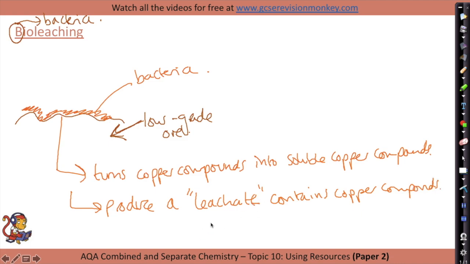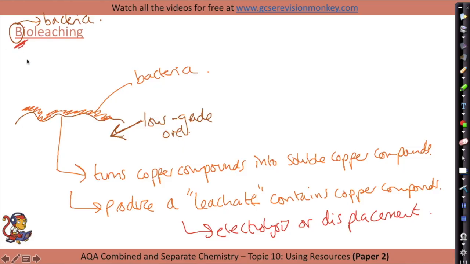Then again, that copper can be extracted from there by either electrolysis or displacement with scrap iron. Now you don't need to go into a lot of detail for bioleaching, apart from really knowing that it's bacteria grown on the low grade ore that then allows the soluble copper compounds to be extracted.